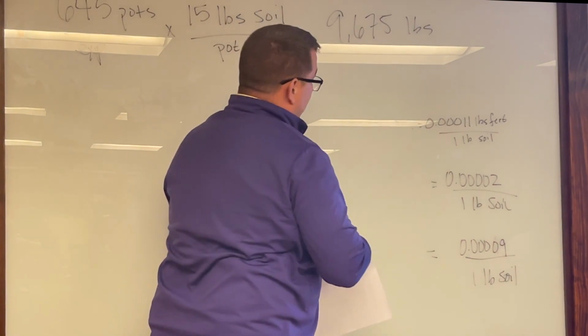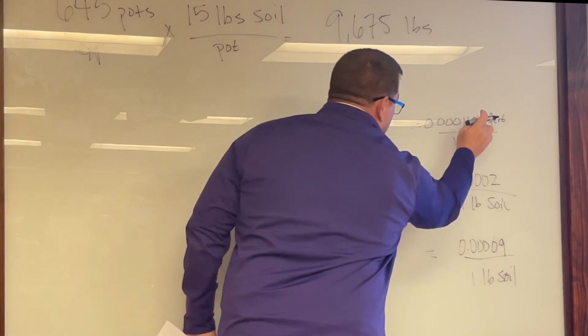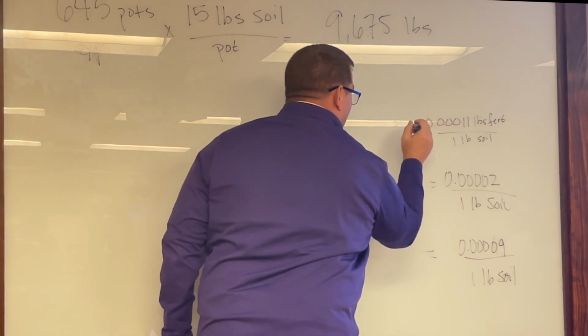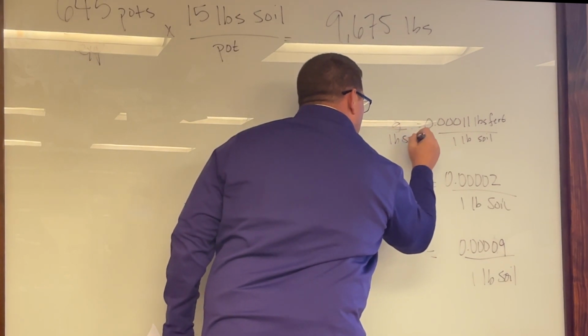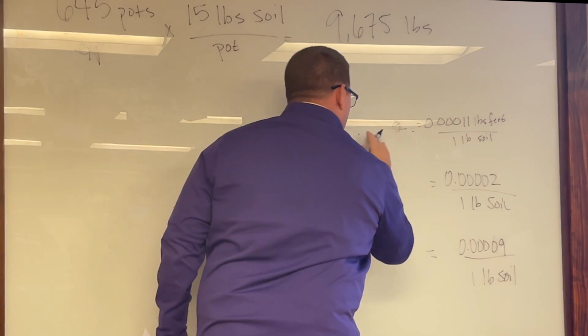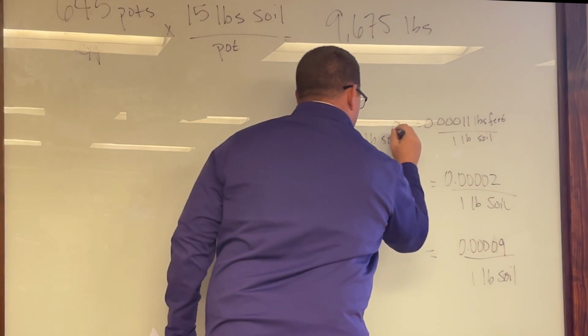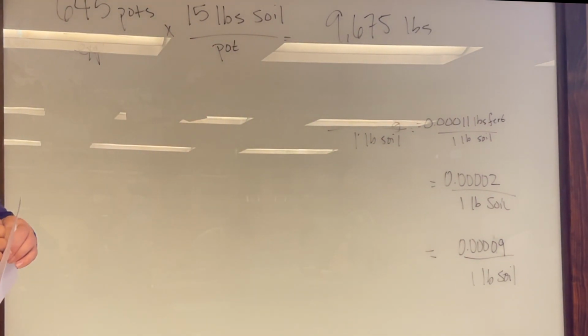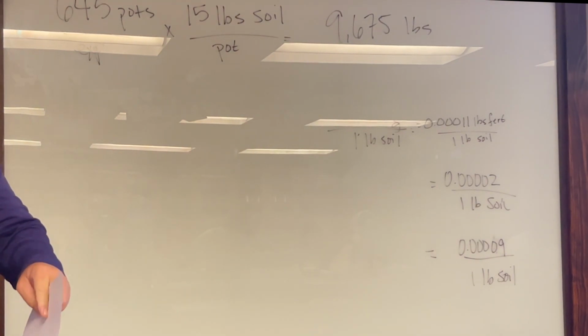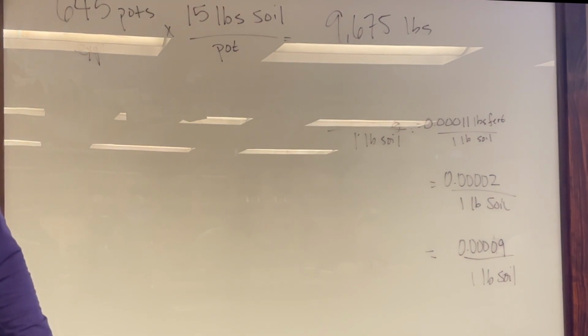All right, if we know that we need 0.0001 pounds of fertilizer per pound of soil, how many grams do we need per 1 pound of soil? How many? For nitrogen, it's 498.5.